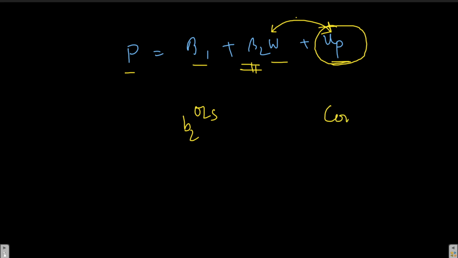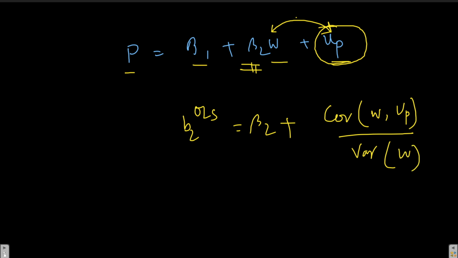I'll have beta 2 plus the covariance of W and UP divided by the variance of W. Now, because W and UP are not independent, this term is not going to be 0, and even asymptotically that is the case. So essentially, I get a B2 OLS which is biased and inconsistent. That is the source of endogeneity.